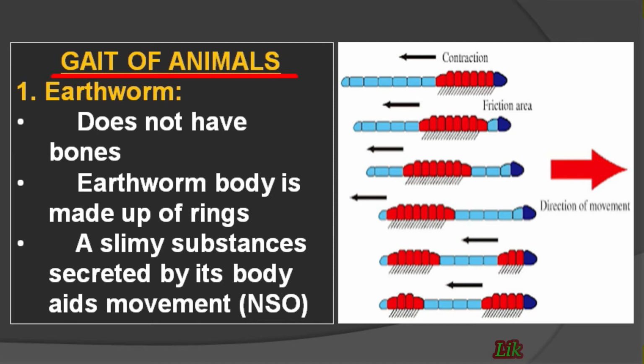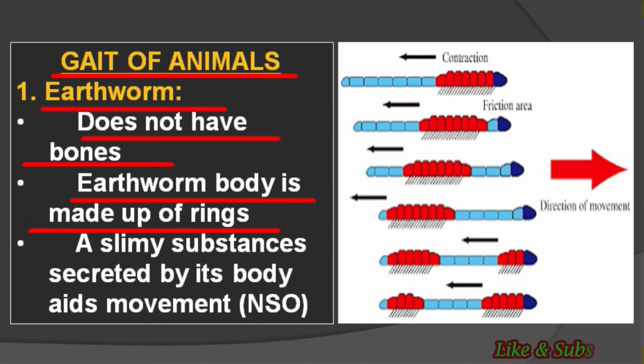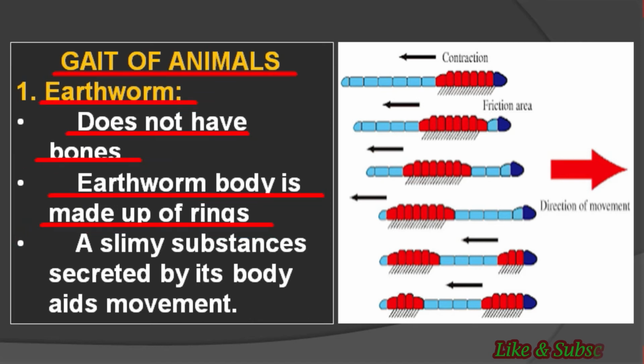So the first organism in which we are going to discuss the manner of walking is earthworm. Students, as you all know, earthworm doesn't have any kind of bones, and earthworm body is made up of muscular rings only. And students, the earthworm secretes a slimy, sticky substance from its body that helps it in movement.